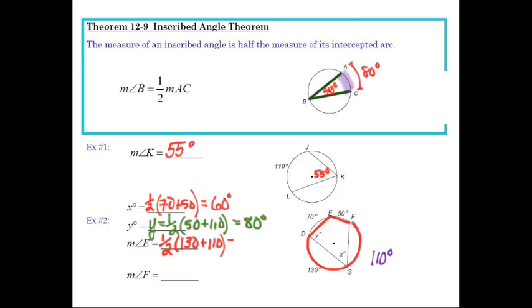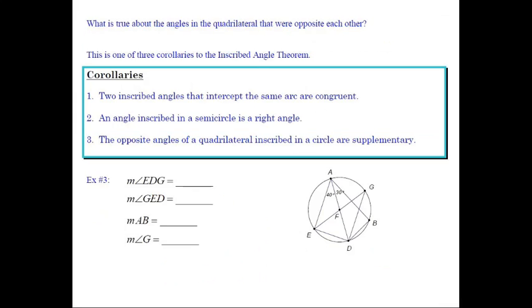I take half of the sum of those two things, that's the whole arc, and I get 120 degrees. And then for F, I'm going to look at what it intercepts, and I'm going to take half of those values, 70 plus 130, and I'm going to get 100, because 70 plus 130 is 200, half of that is 100. So that's it. It's the same principle over and over again as we go through it.